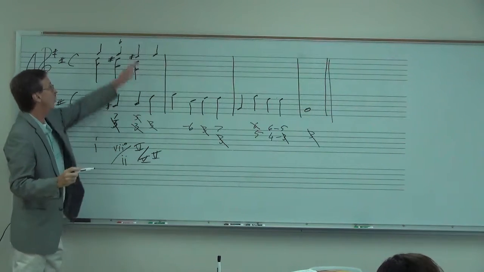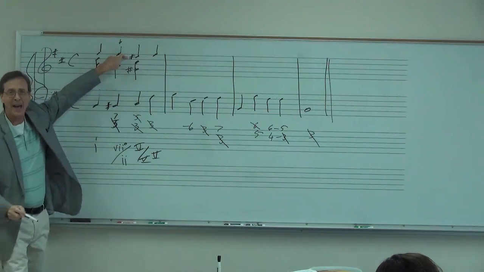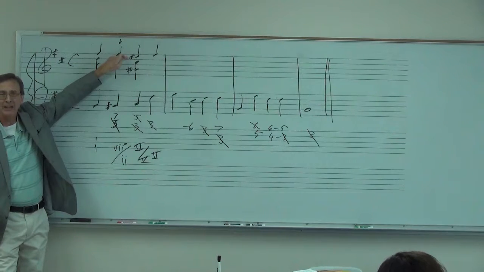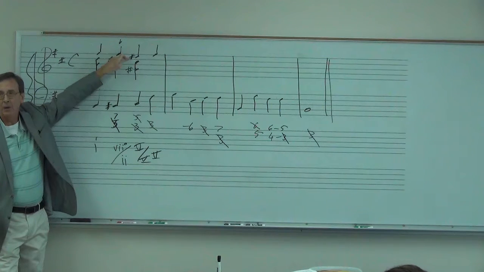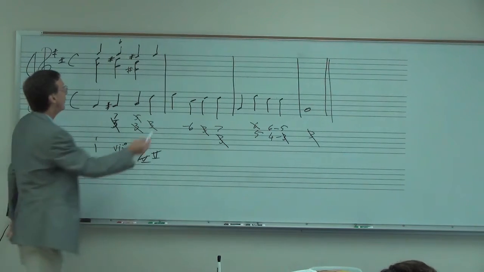Do we see why the E sharp is a leading tone to F sharp? Okay, so it makes the same rules as the leading tone in the tonic would. We don't double it, we resolve it in the outside voices, for sure.